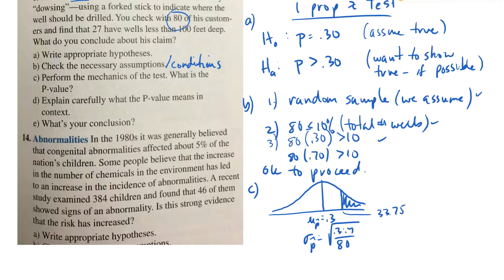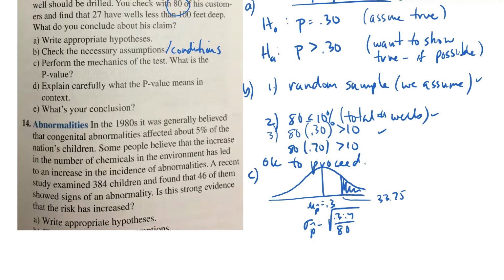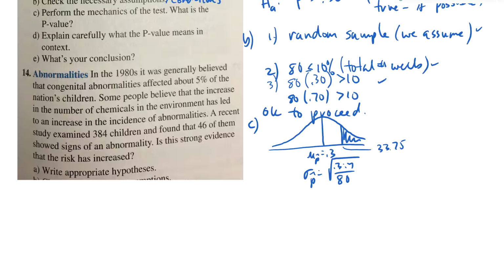Okay, because that's my sample, right? So what's the likelihood of that happening? Okay, let's find the z-score. It's 0.3375 minus 0.3 over the square root of 0.3 times 0.7 over 80. And then we'll find the p-value. So I'm going to do that on my calculator.